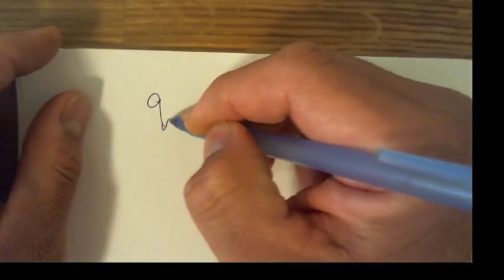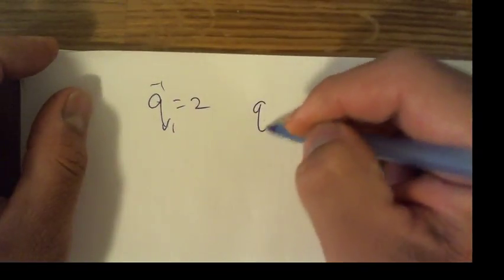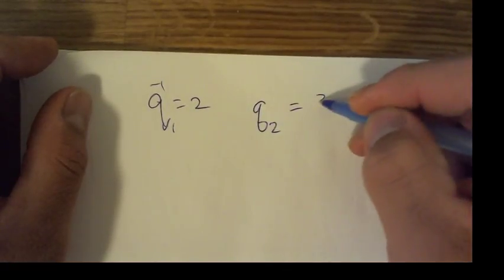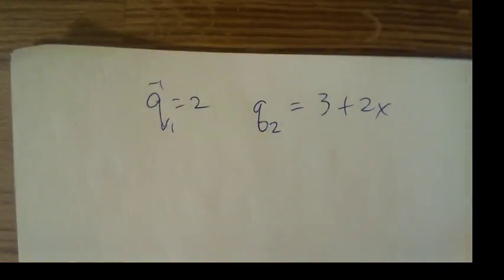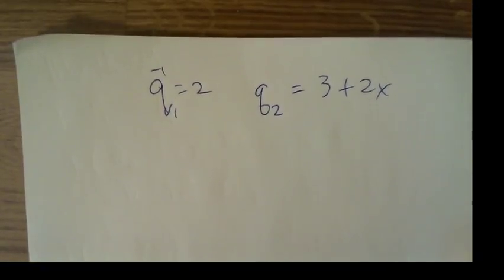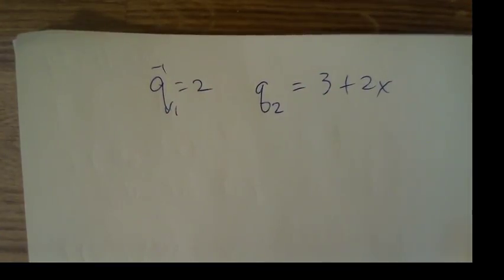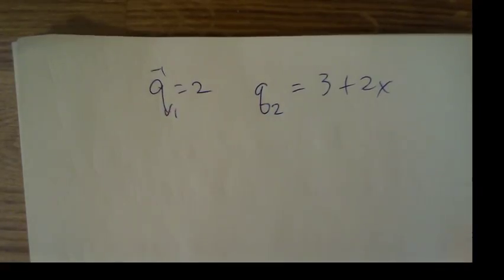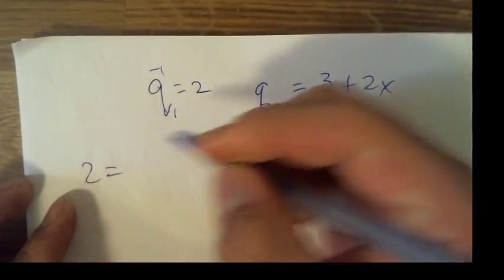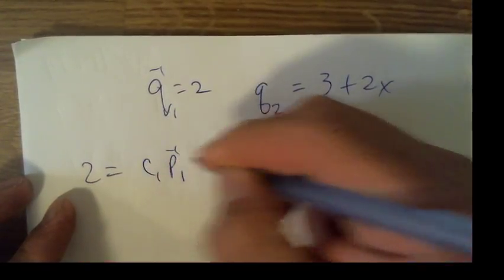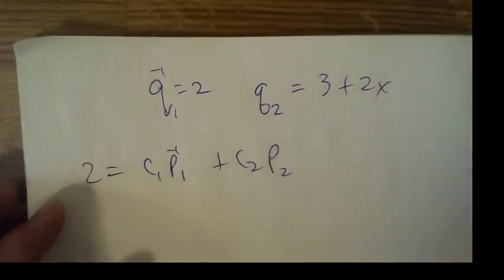Q1 is 2, and then Q2 is 3 plus 2x. What I would like to do here is find Q1, that is 2, in terms of C1 P1 plus C2 P2.